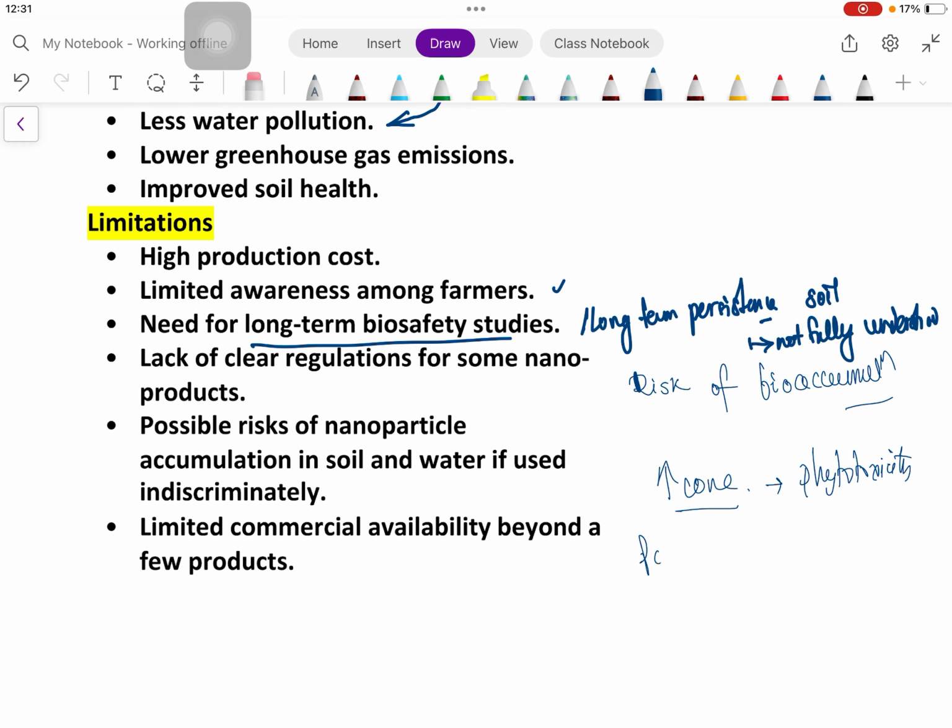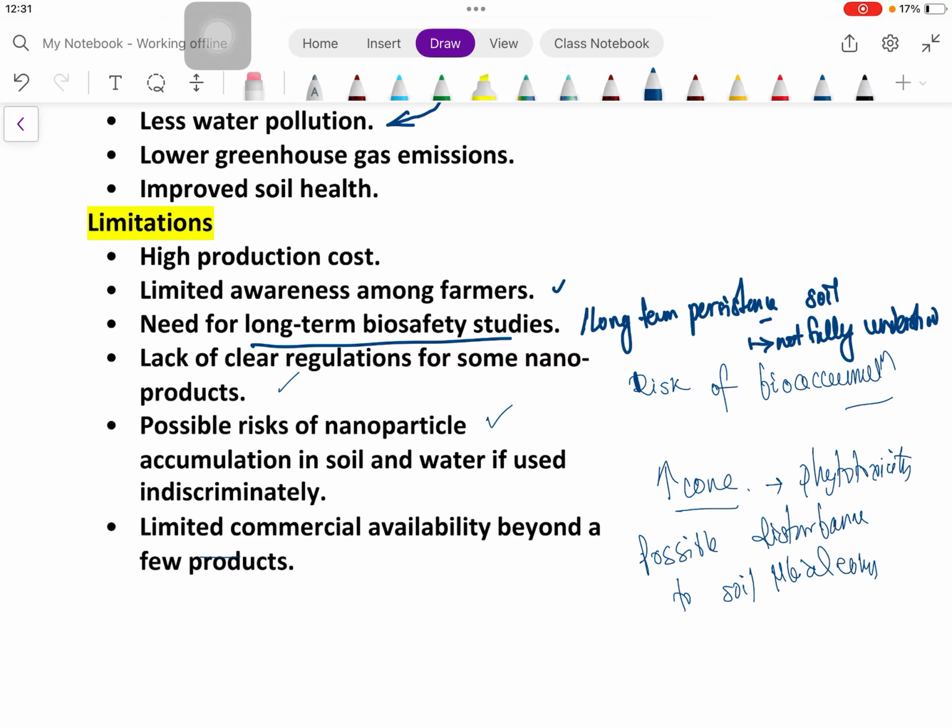Another thing is possible disturbance to soil microbes, the soil microbial environment or microbial ecology. Some other limitations are lack of clear regulation for some nano products, possible risk of nanoparticle accumulation which we have already discussed, and limited commercial availability beyond a few products.